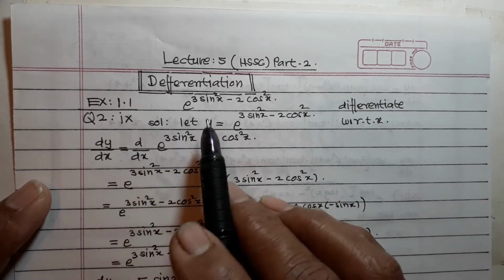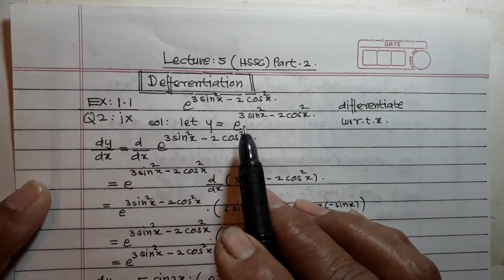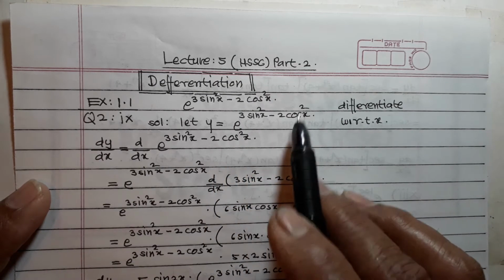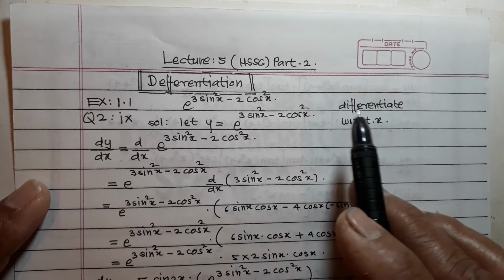So solution: let y is equal to e raised to 3 sin² x minus 2 cos² x.